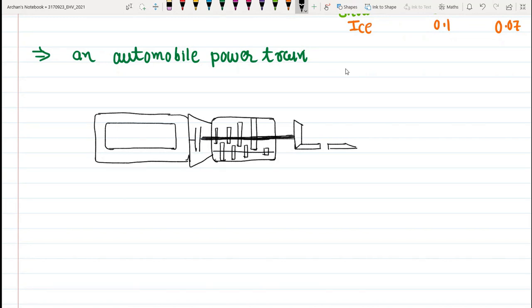Okay, this will be our drive shaft, and to this drive shaft our wheel has been connected. Okay, so this is my wheel.